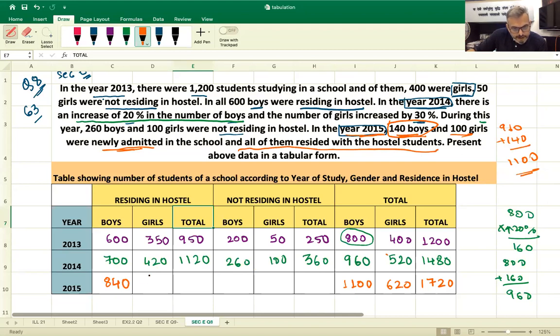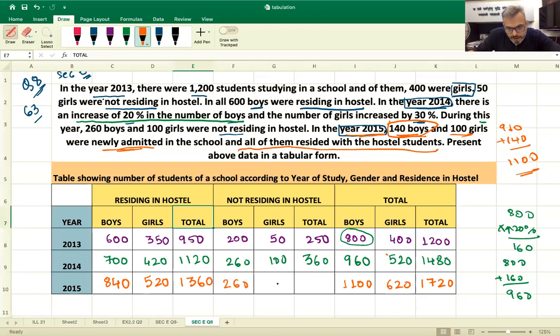So वो हो जाएगा 520. So total हो जाएगा 1360. 840 plus 520. Now बाकी not residing in hostel तो जो बाहर रह रहे थे वो तो उतने के उतने ही रहे. So इसको सेम कर देना है 260 100 360.